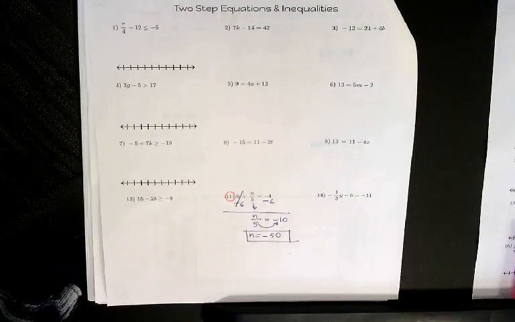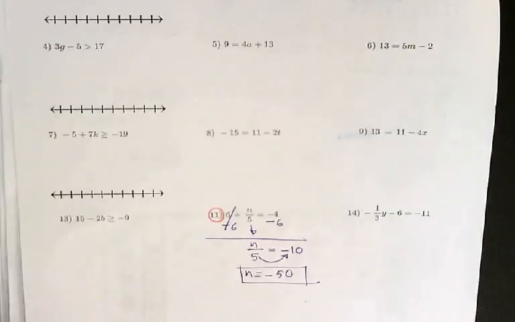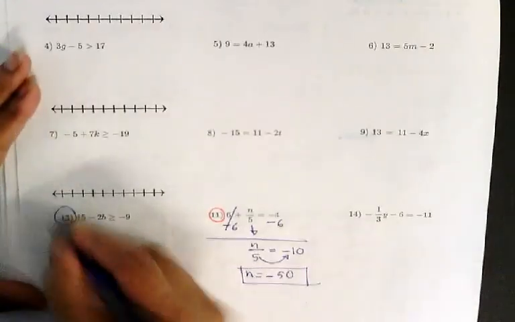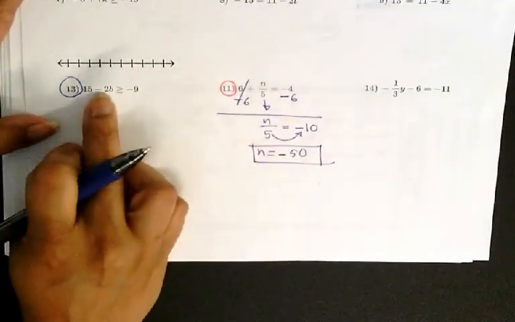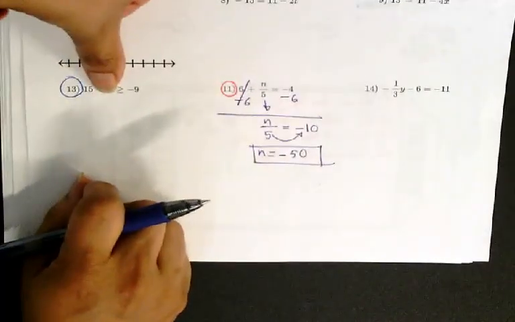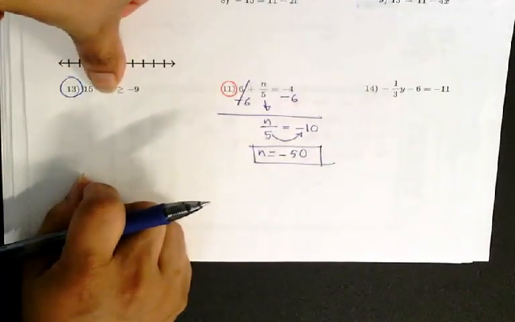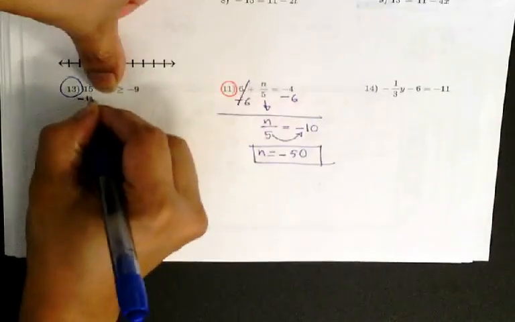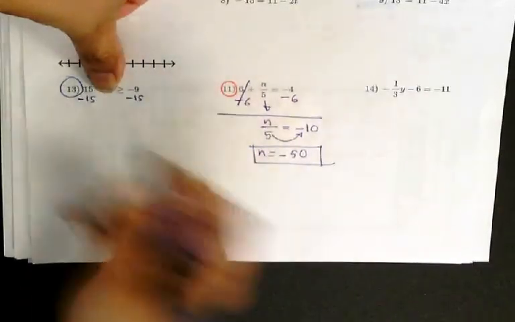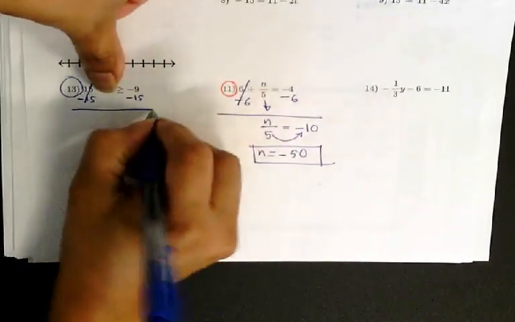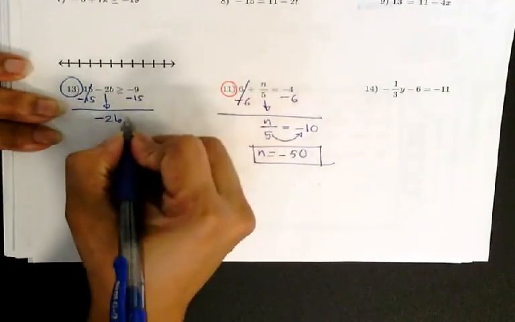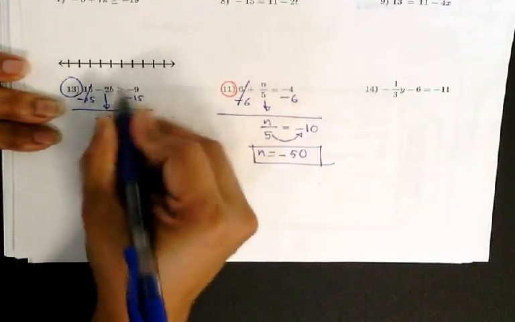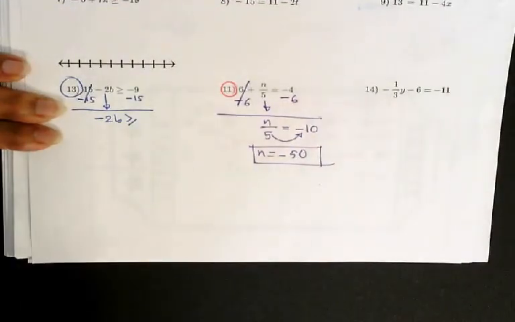Okay. So here, my variable is b, so I'm going to hide this one. What's the first step? What should I do? Subtract 15 from both sides. Let's do that. We're going to cancel. This is going to come down. Negative 2b is greater than or equal to, what do I have over here? Negative 24. Okay, great.